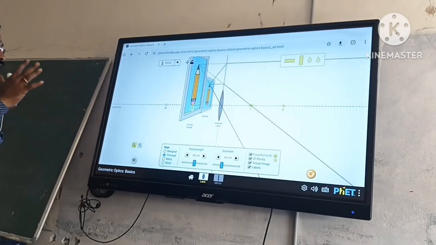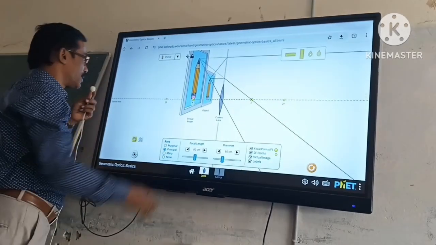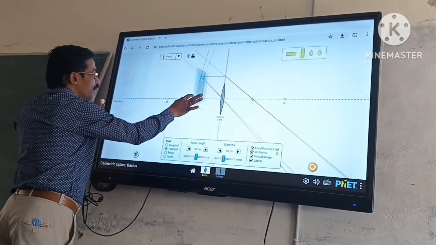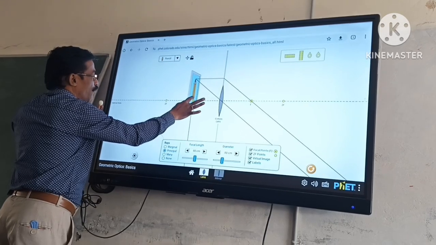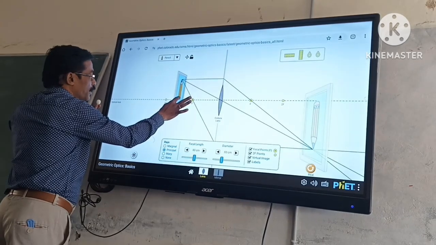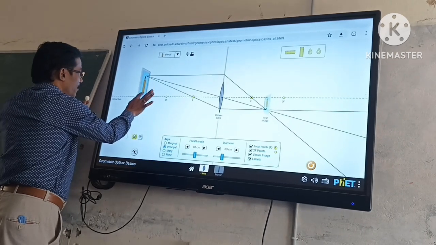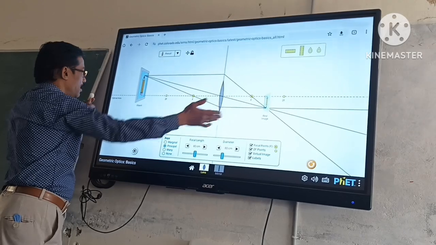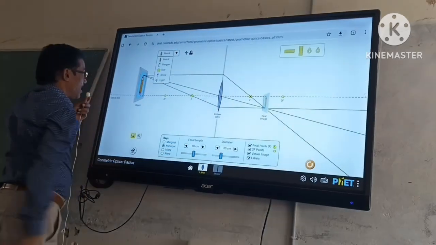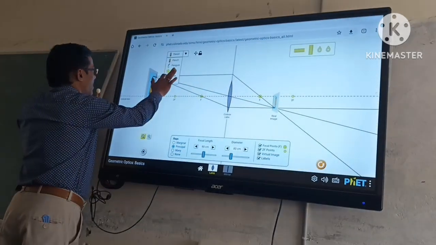This is the way: if you change the position of the object, the size of the image changes. If the object is at 2f, the image is at 2f; at focus, the image is at infinite distance; between f and 2f, the image is beyond 2f; and if the object is beyond 2f, the image is between f and 2f. You can change the object, either a pencil or an arrow.